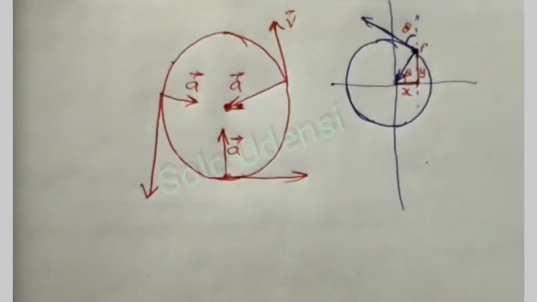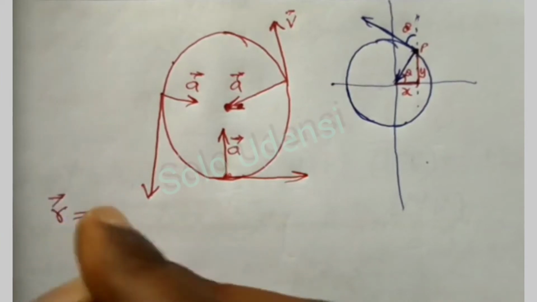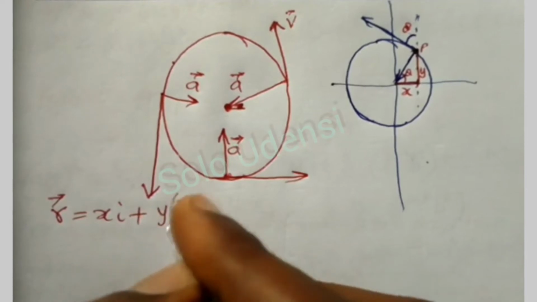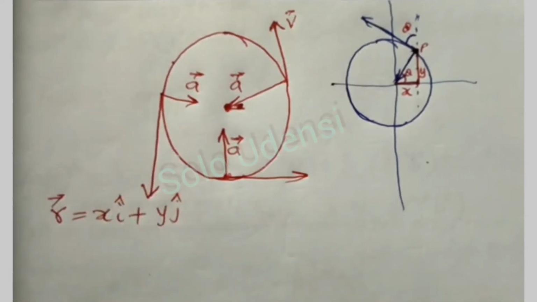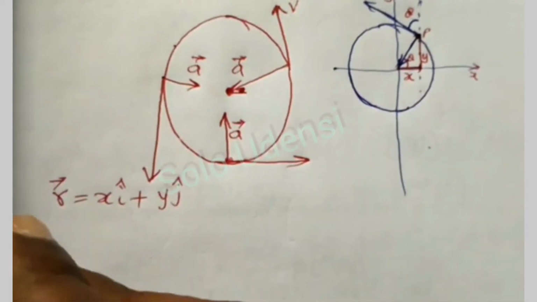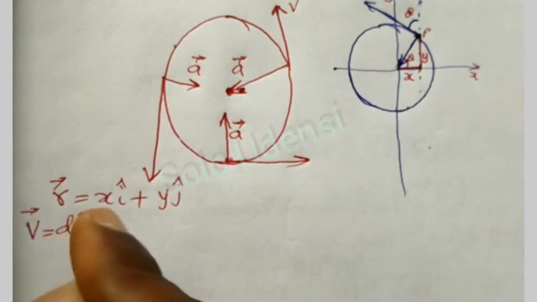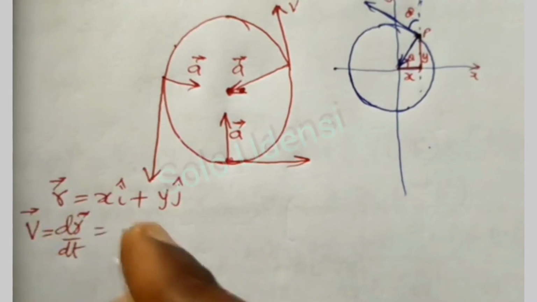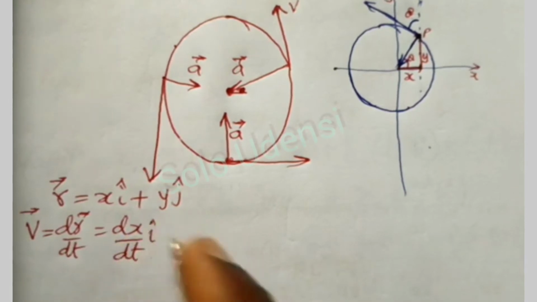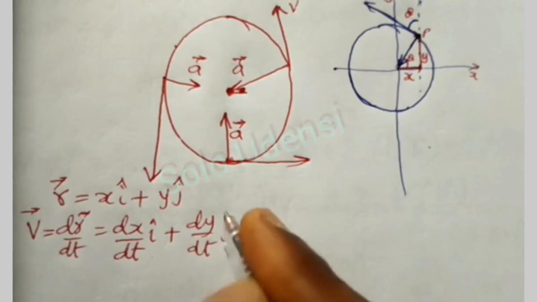So the position vector of that particle will be r is x i plus y j, if you remember our topic on vectors. It means that the velocity will be equal to dr over dt, which is dx over dt i hat plus dy over dt j hat.